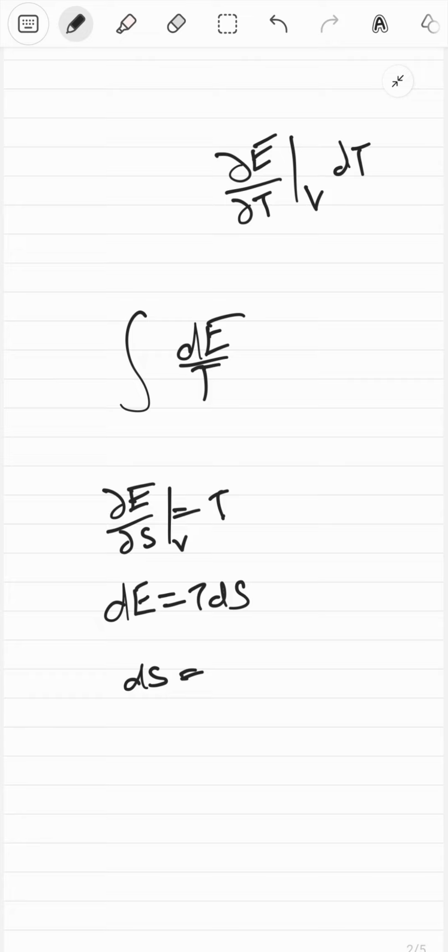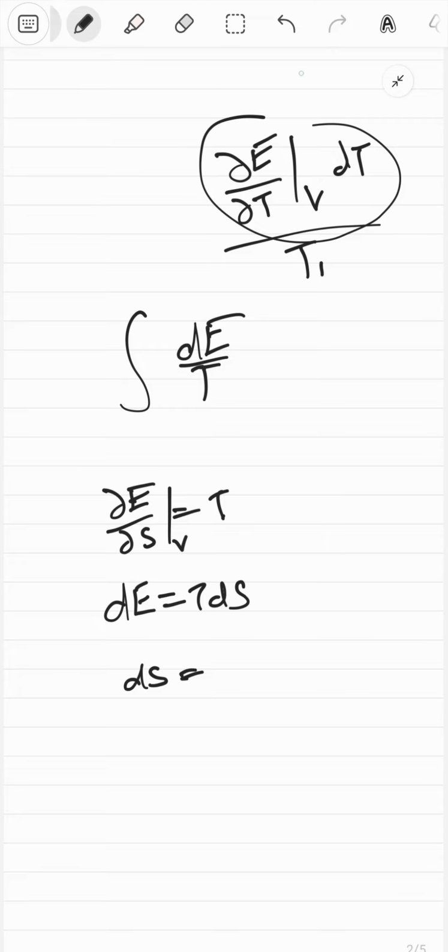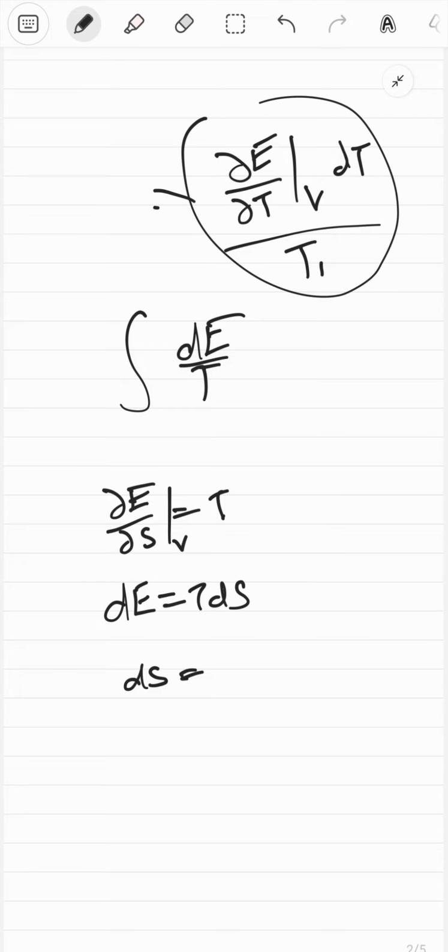So you want to somehow get this. Okay, so that's just dE over there, isn't it? If you can show that this whole thing just becomes equal to dS, then you are essentially done, right?